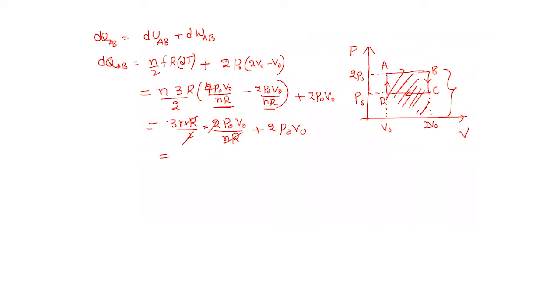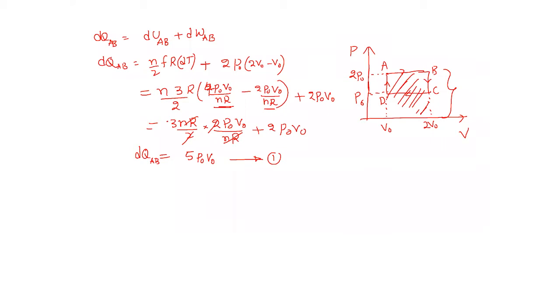So you get 3 plus 2, so 5P naught V naught. This is the heat supplied to the gas, or heat extracted by the gas from the sink. Say this is equation number 1.